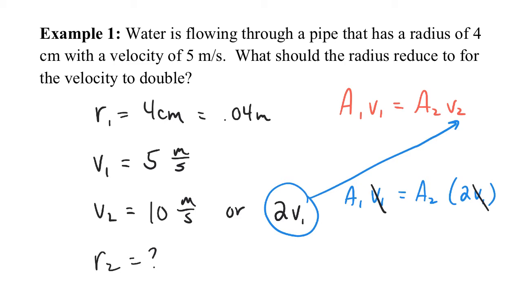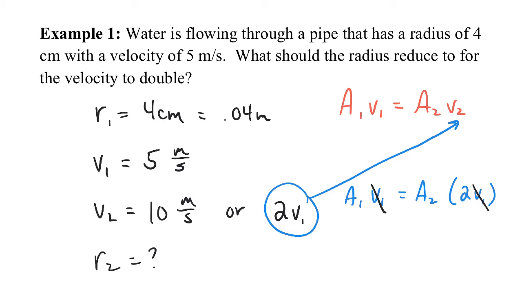This makes sense. If the velocity doubles, what will happen to the area? It will halve. Be cut in half. So if I knew the area, hypothetically the original one, say it's 20, I just divide that by 2.